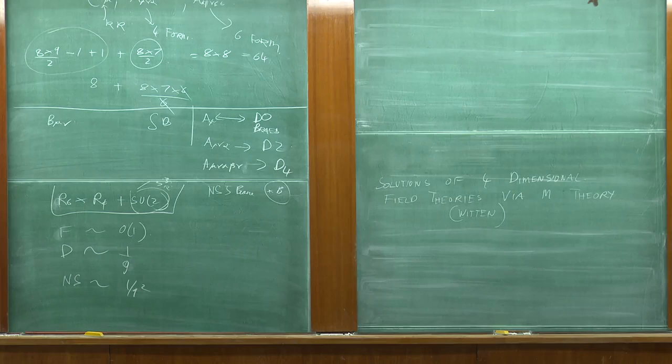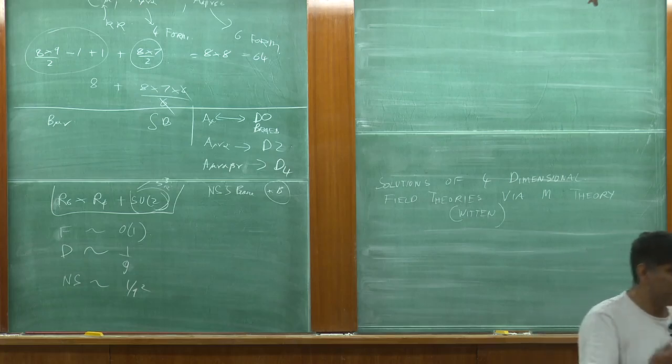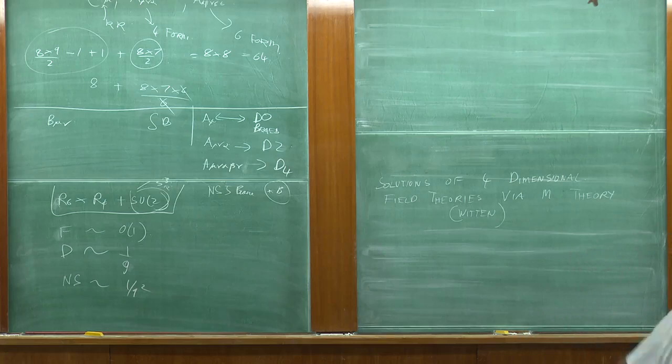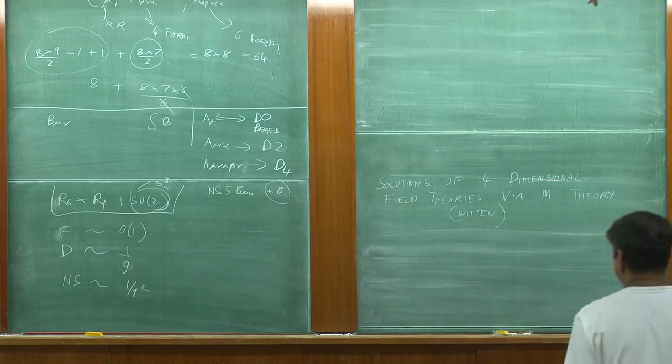The name comes about because this object is charged under a field strength that is in the NS sector, in contrast to the D branes that are charged under field strengths that come from the Ramond sector. Okay? So, in particular, the zero brane has mass which goes like 1 over g_s.